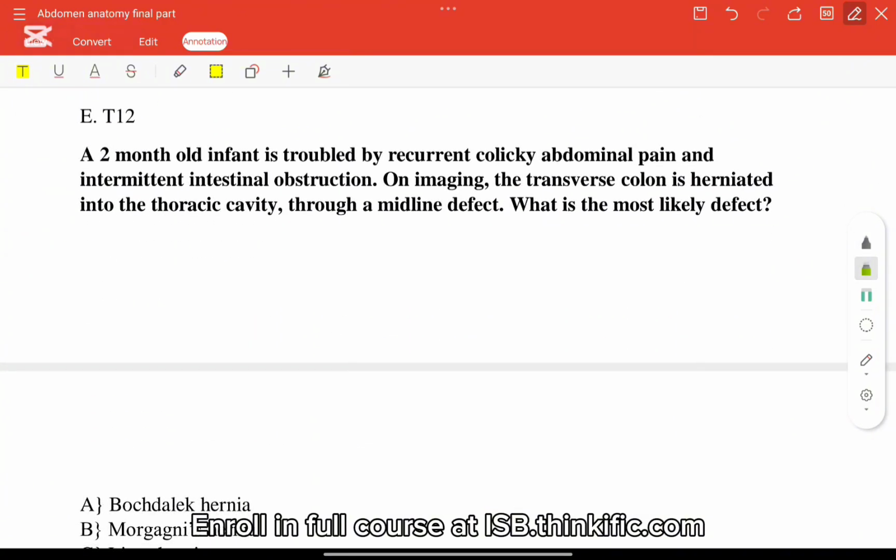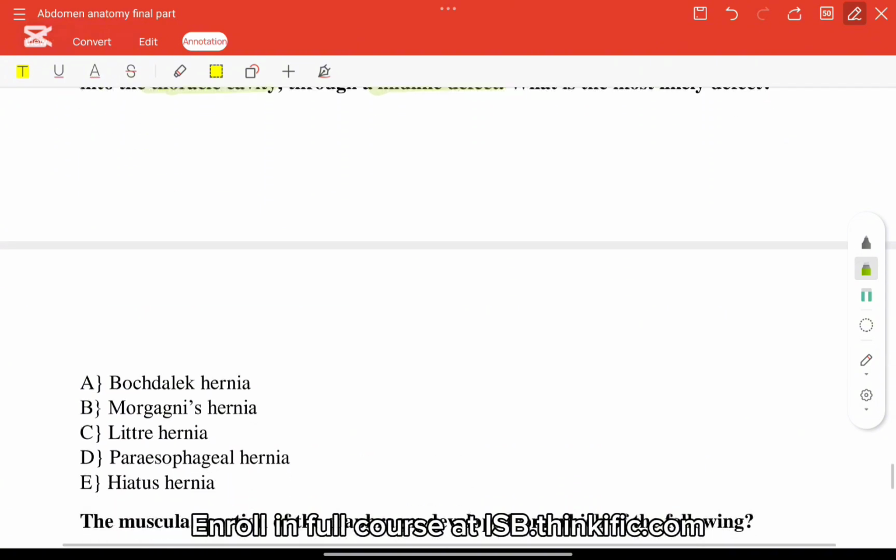Let's see another example. A 2-month-old infant is troubled by recurrent colicky abdominal pain and intermittent intestinal obstruction. On imaging, the transverse colon is herniated into the thoracic cavity through a midline defect. What is the most likely defect in a 2-month-old child?